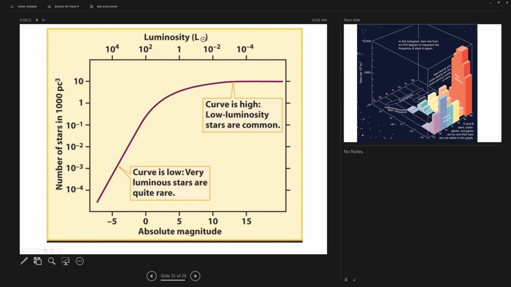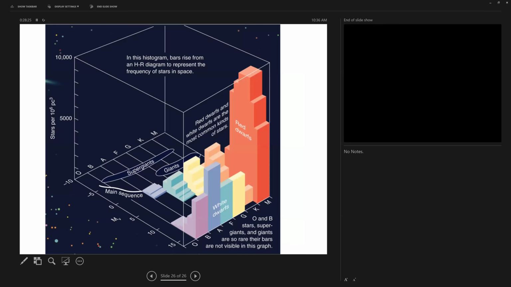So that works. And then this is that same three-dimensional graph that we looked at yesterday. But now you have a little bit of background into what's going on in here. This horizontal plane down here is the Hertzsprung-Russell diagram. So we've got the absolute magnitude on here. You could also have luminosity on that scale if you wanted to.